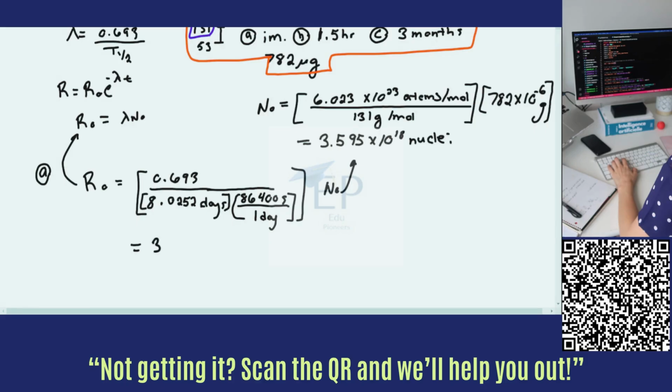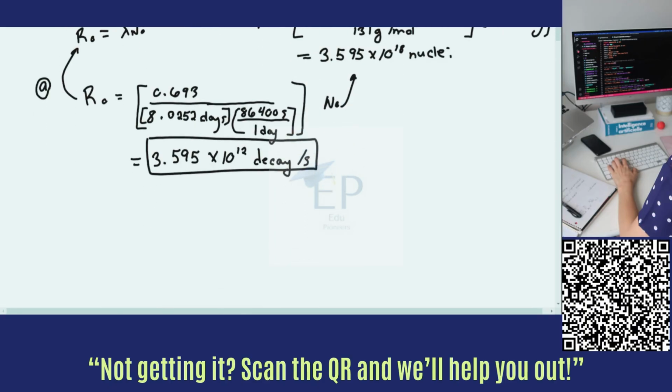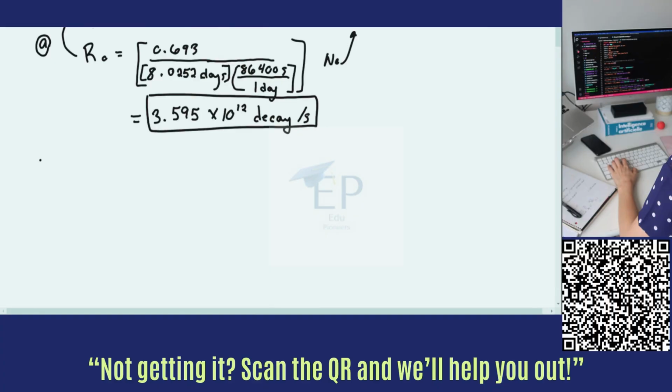And you're going to get 3.595 times 10 to the 12 decays per second. Okay. And this is your answer for part A. And part B, we have 1.5 hours.